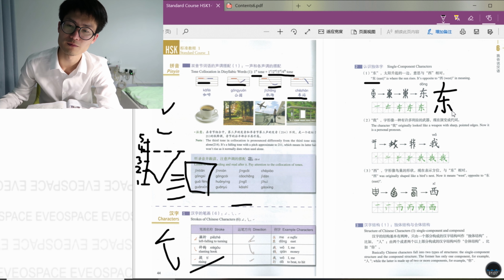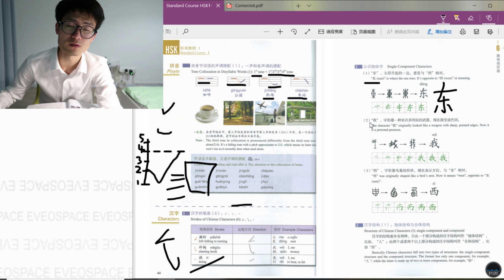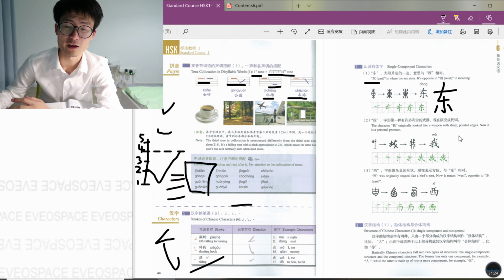Okay, and then we have this very complicated word, okay, which means the first person pronoun in the English language, okay.